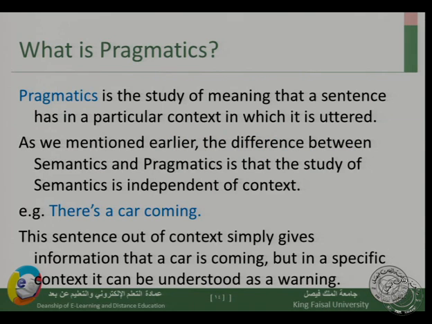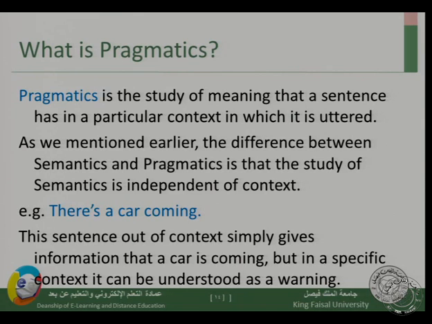Pragmatics is the study of the meaning that a sentence has in a particular context. Context is a very important word here. Pragmatics is heavily involved with context and situation, and on the other hand, semantics is not. It is independent of context.